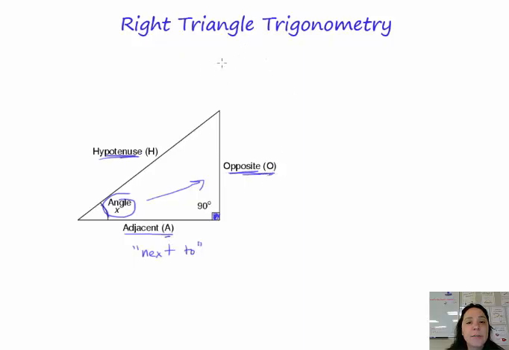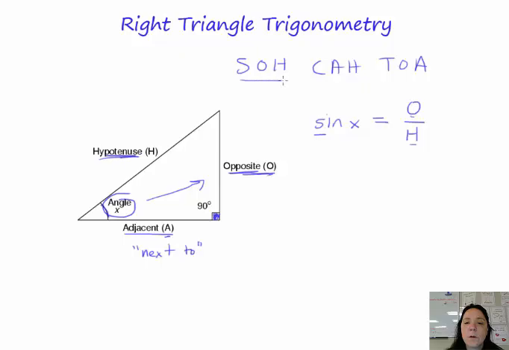This will allow us to develop our right triangle definitions for our basic trig functions, or what you might recall as SOH CAH TOA. The sine of angle X is defined to be the length of the side opposite divided by the hypotenuse. So we have SOH for sine.